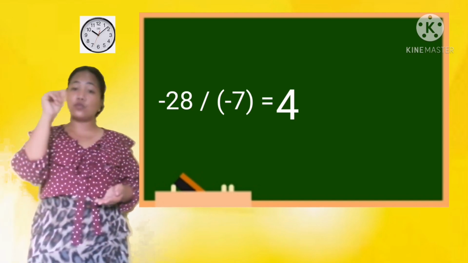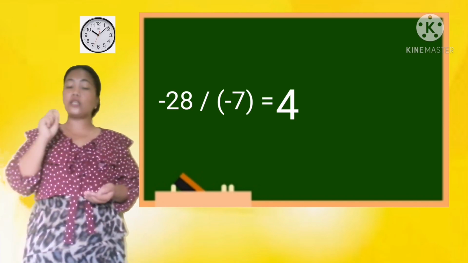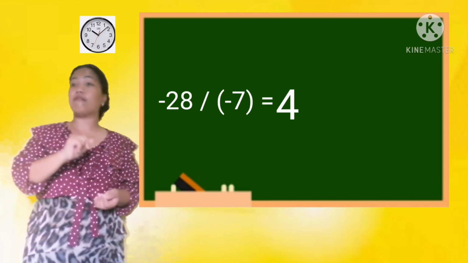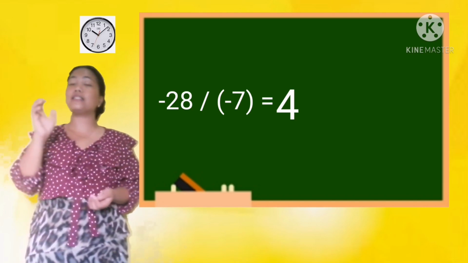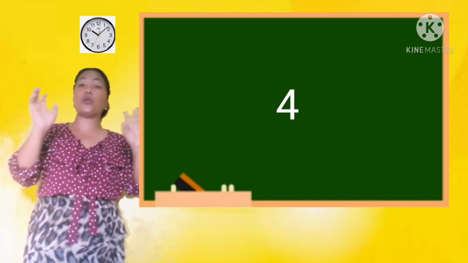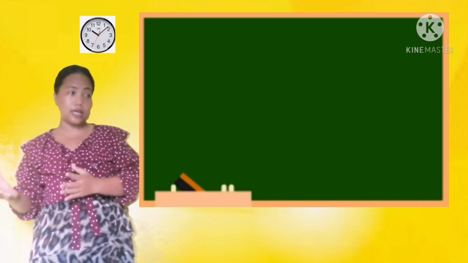Thus, negative 28 divided by negative 7 is equal to 4. They have like signs, so the answer is positive. Always remember that. When we multiply or divide like signs, the answer is always positive.